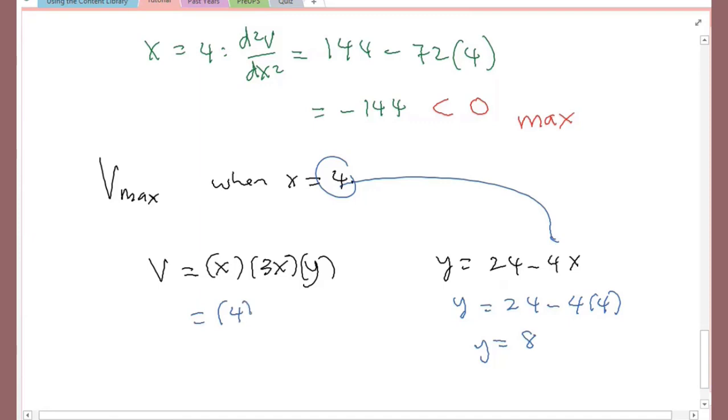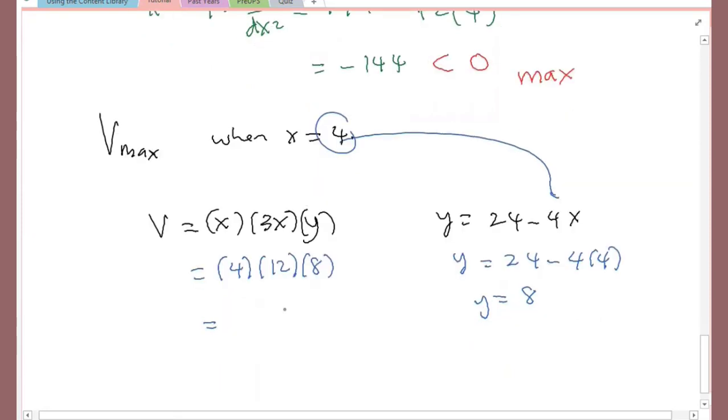Here, substitute 4. This is 12, 8. Find it, can you? What do you get? So the answer is 384. Okay, thank you.